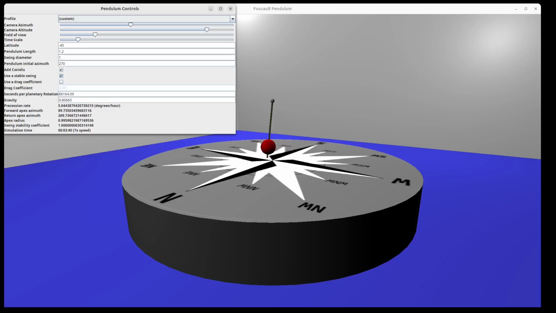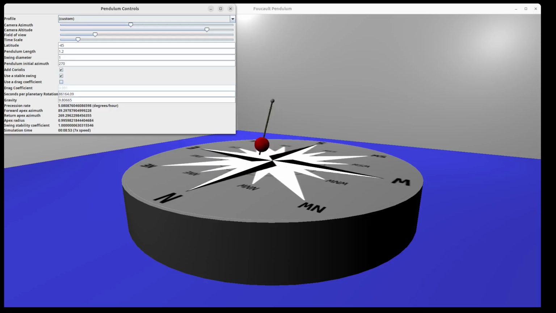I think that the way the simulator is probably rounding down some values, the overall swing amplitude decreases. And in order to keep it from decaying to no longer swinging, I had to add an extra swing stability coefficient that would add that much extra energy to the swing to keep the apex radius pretty much as close to the target as possible.